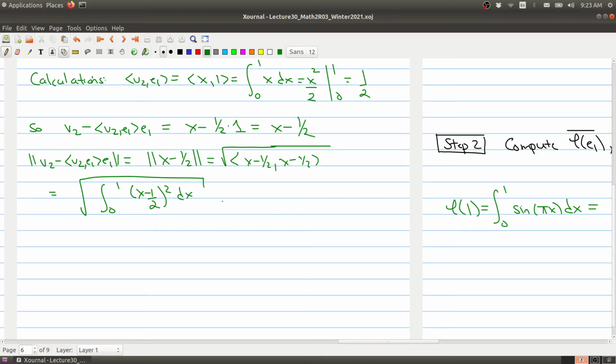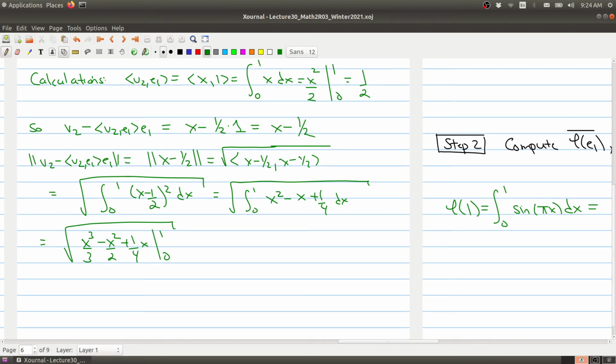We'll expand out what's happening underneath the square root sign. So this gives me x squared minus x plus 1/4 dx. Carrying on, this gives me x cubed over 3 minus x squared over 2 plus 1/4 x from 1 to 0, and I'm taking the square root of all that. And at the end of the day, if you follow all the steps, this gives me 1 over the square root of 12.